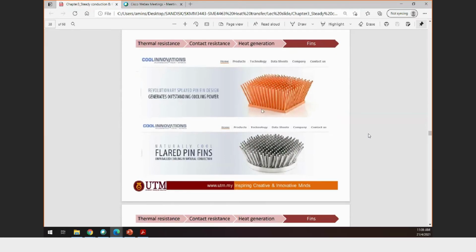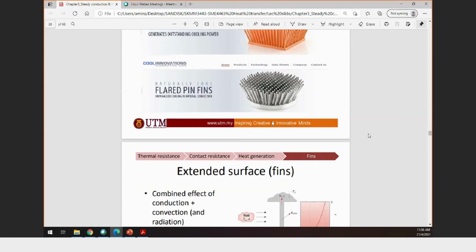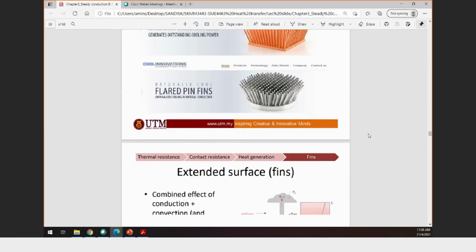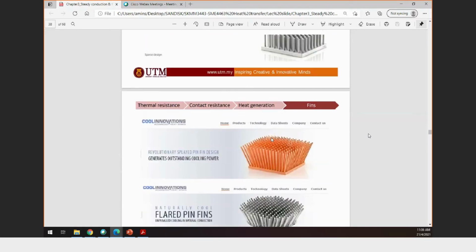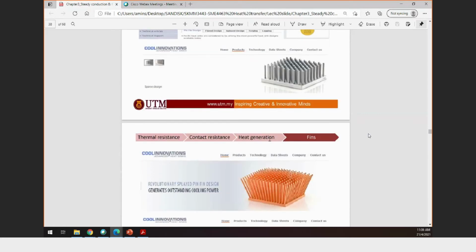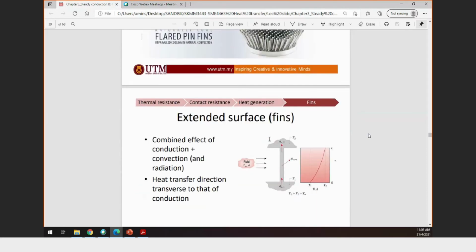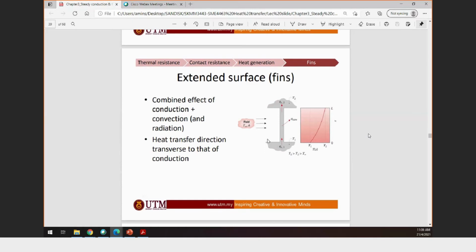Also this one, you can see here there is a variety of fin designs. Regardless of the fin design or extended surface design, the extended surface is used to transfer heat from that particular component that we want to apply it to.